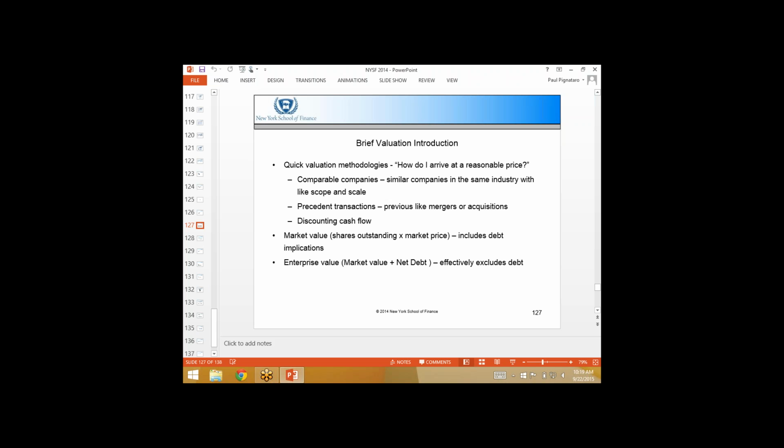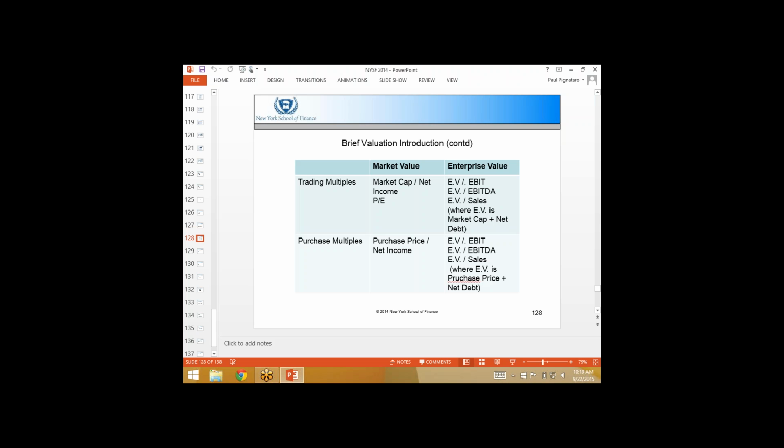And so we have multiples that are based on market value or enterprise value. These multiples are utilized to help compare with other businesses. You can't just take market value or enterprise value as absolute numbers, because companies are different sizes. So you compare them to the underlying performance of the business.